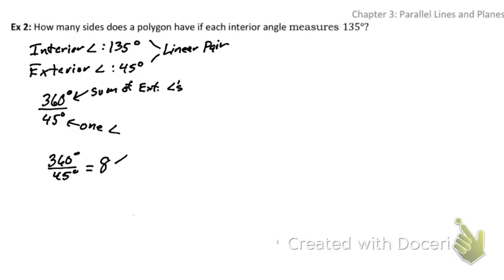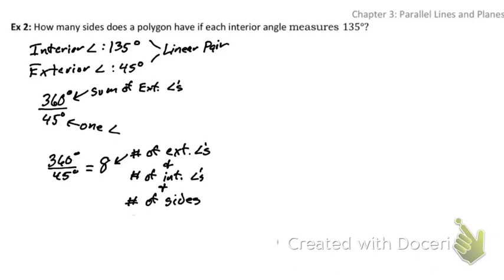So that 8 is really the number of exterior angles and the number of interior angles and the number of sides. So we have 8 sides, and we use the exterior angles to find those. That's the easiest way to do this problem.